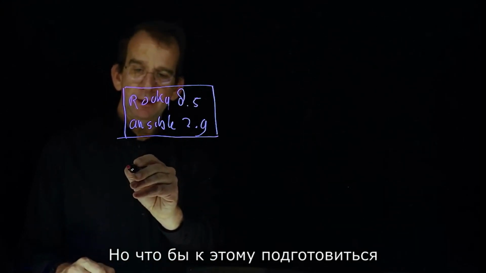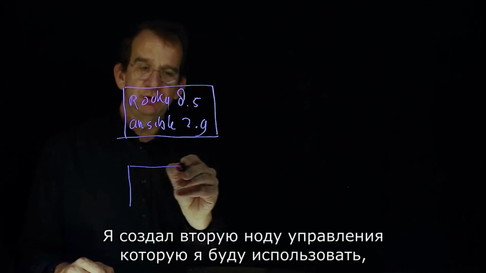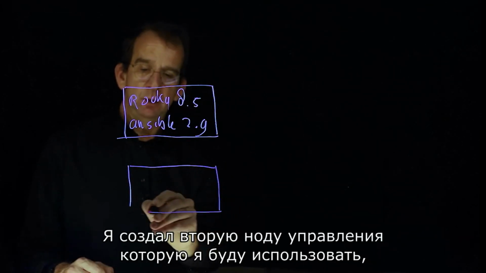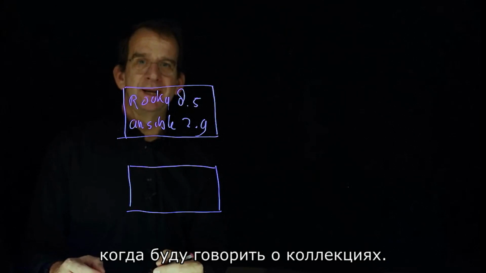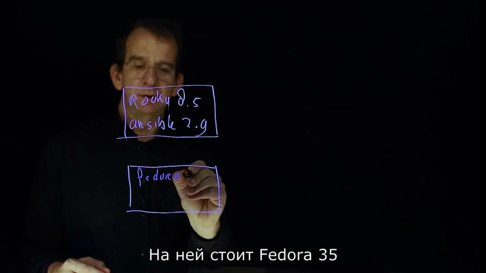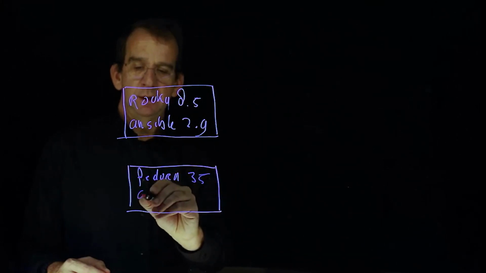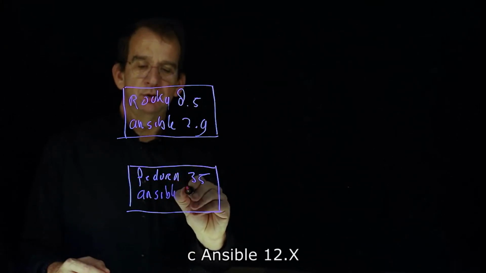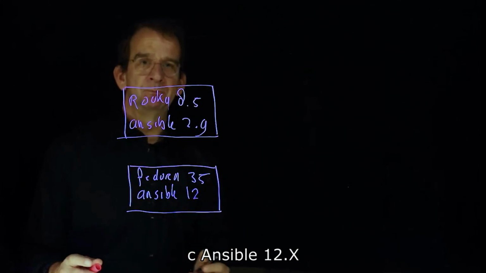But in order to prepare you for that, I have a second control machine, which I'm mainly using while explaining collections, which is running Fedora 35 with Ansible 12 something.